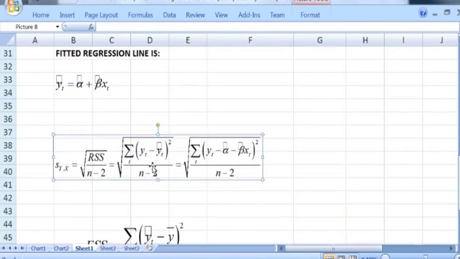We have already calculated y minus y hat, the residuals. So we just need to square the residuals and then find the sum. This will give us RSS, and then we have to divide RSS by n minus 2, and in the end we have to take the square root of this fraction.